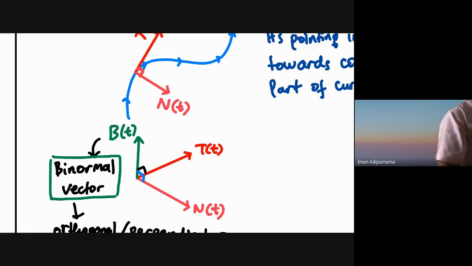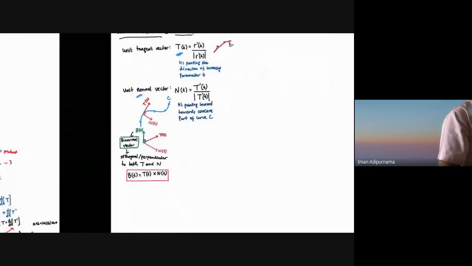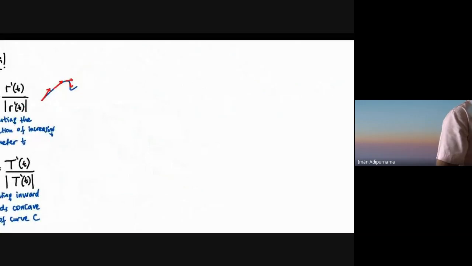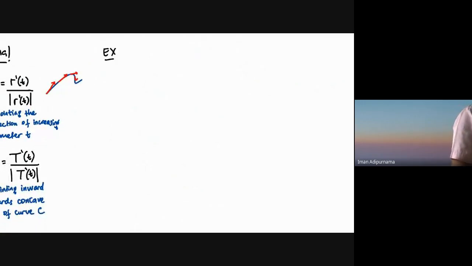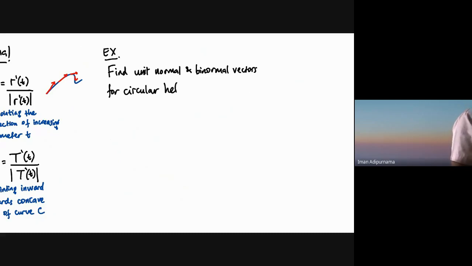Okay, let's move to some examples. Maybe move here. Okay, so example. We just need to find the unit normal and binormal vectors for the circular helix.